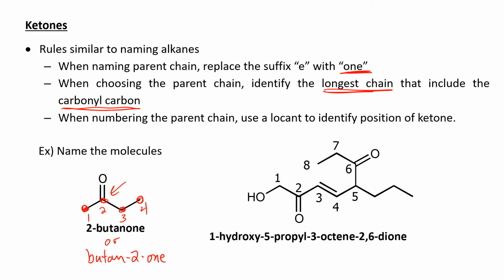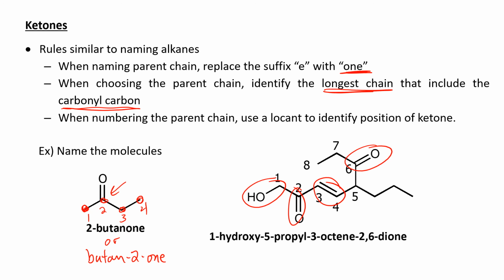Now we've got a ketone, an alkene and an alcohol. On our functional group priority list, we see that a ketone beats the alcohol. So that means that the alcohol can no longer be the suffix -ol. We have to make that a hydroxy.